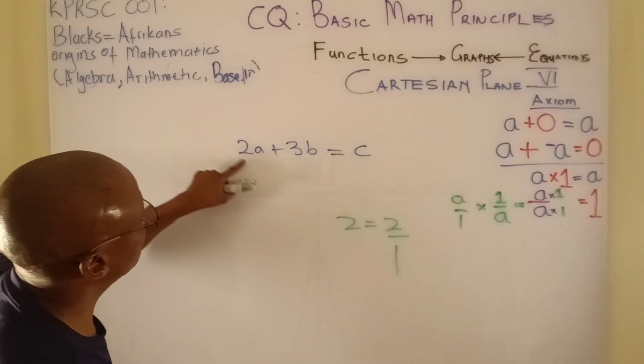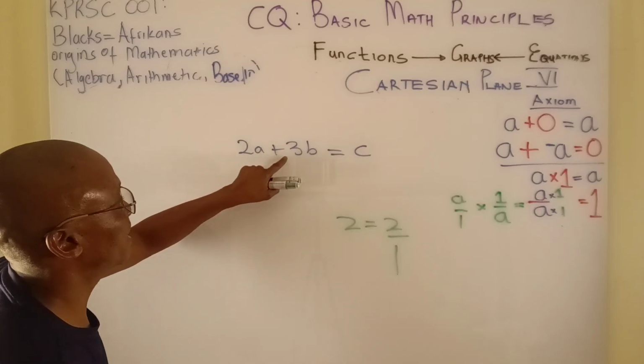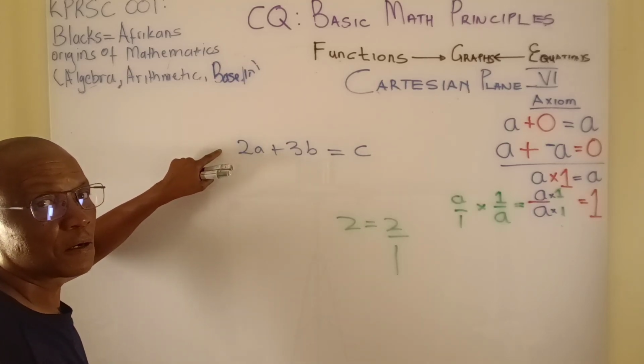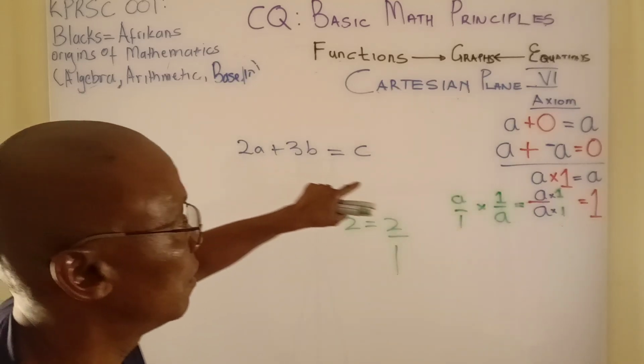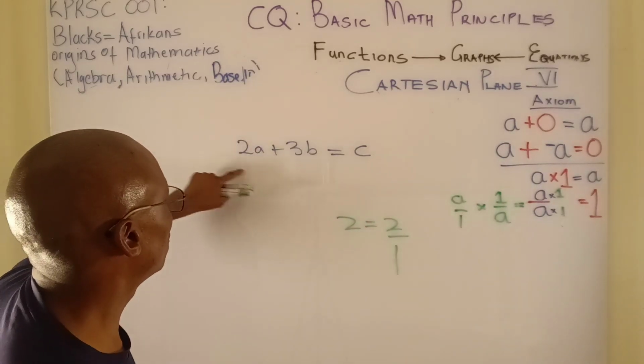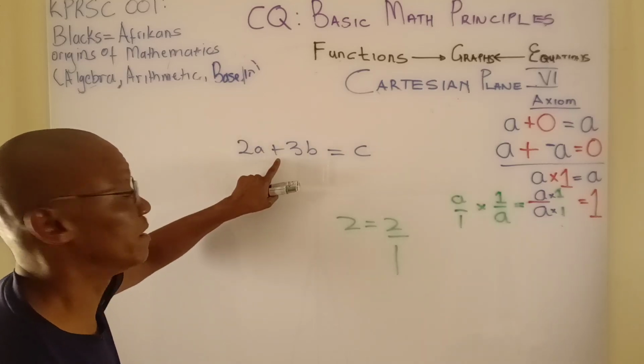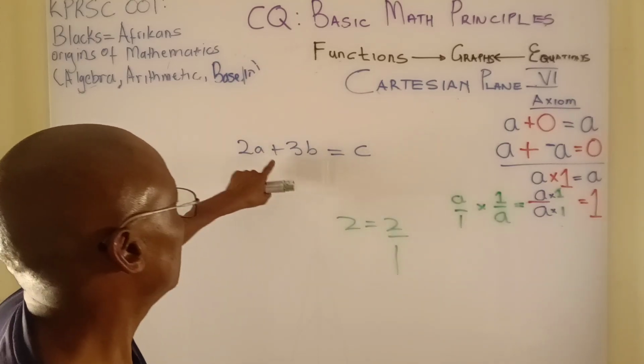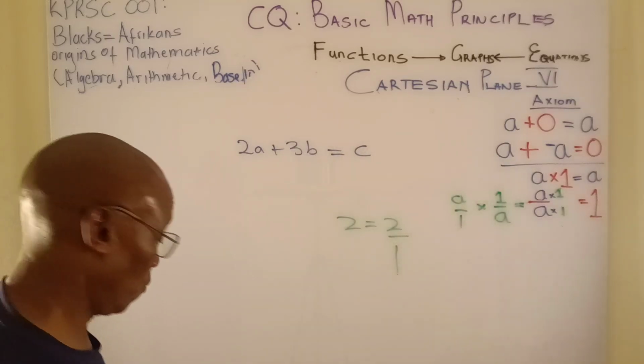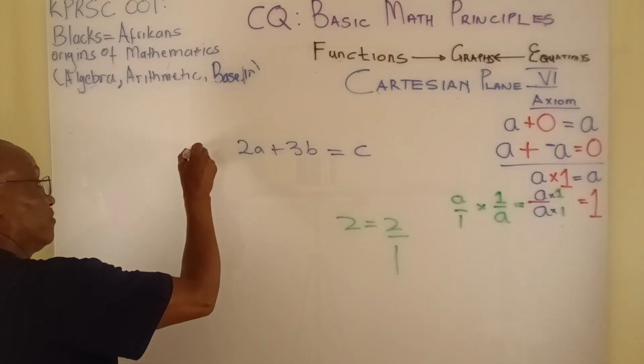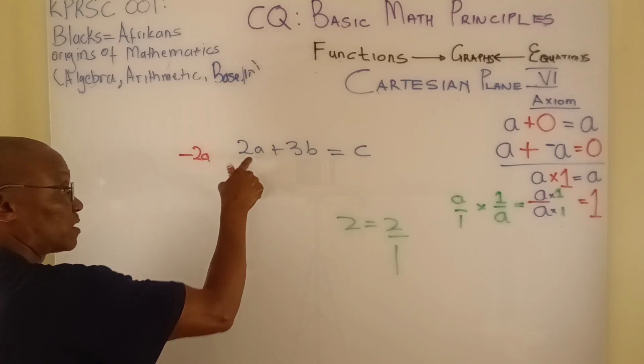So you say, oh, these guys are adding. They're adding. So I need to remove this guy, which is adding. And I bring his inverse, which is negative 2a, the inverse of this guy.